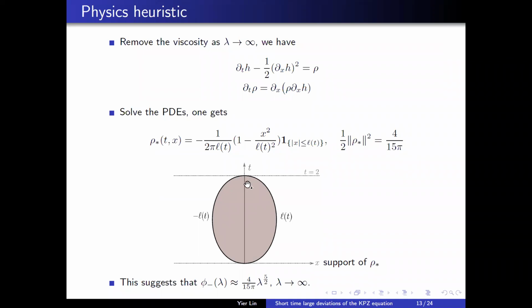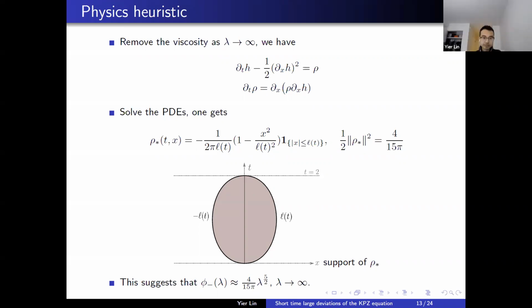So this is a direct verification. You can guess what the rho star is, and then you plug it in. Right. I just tell you this is one solution. As I mentioned before, the way the physics heuristic works is they find one solution using a certain method, but you cannot argue this is the only solution.